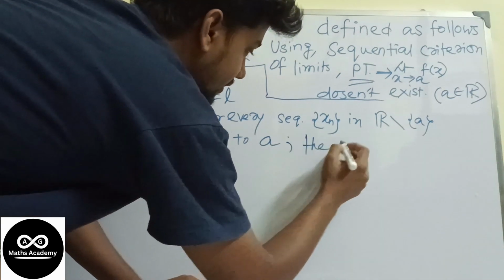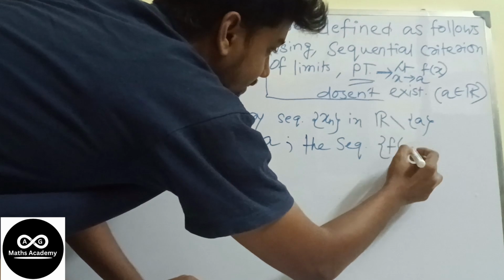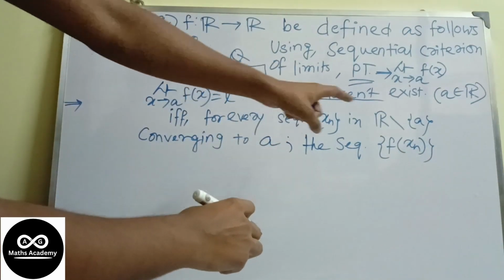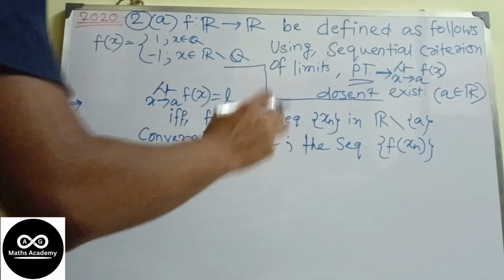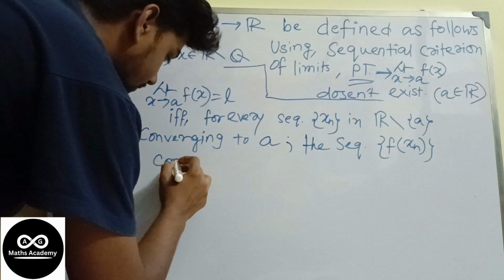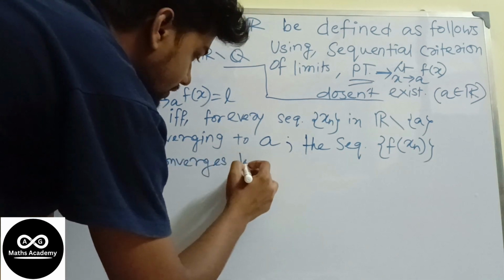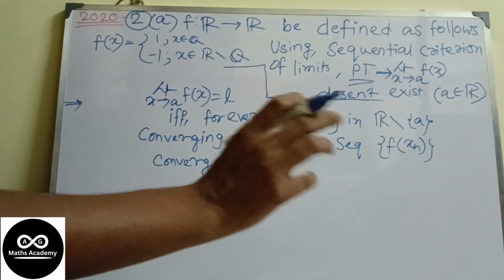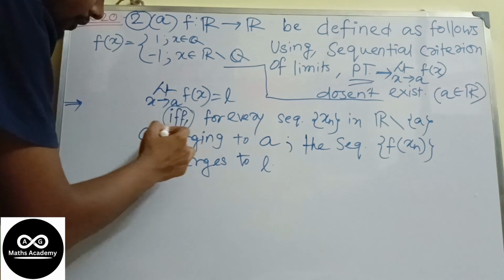the sequence f of xn, so the sequence of the functional values of this sequence, converges to this point L. Okay, so look carefully. It is an if and only if condition.